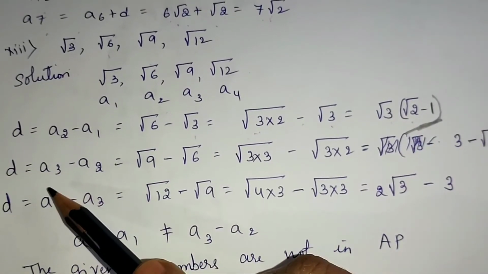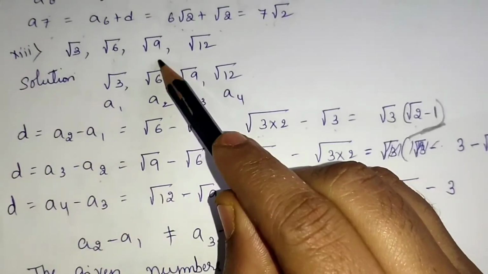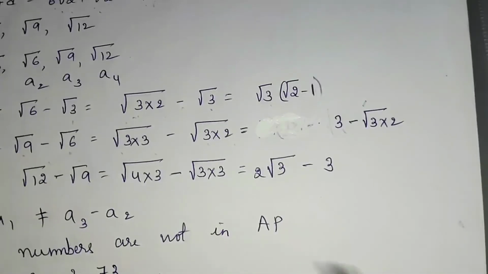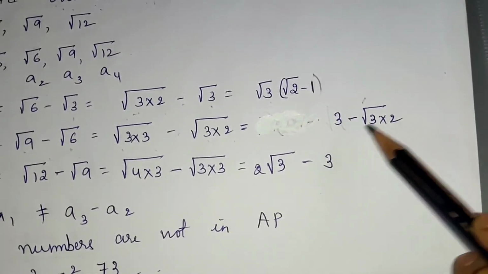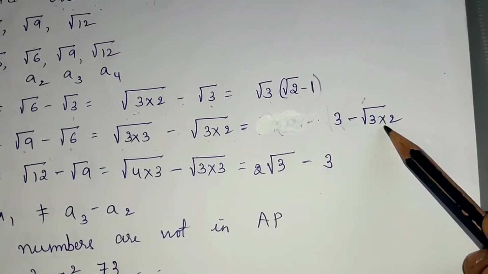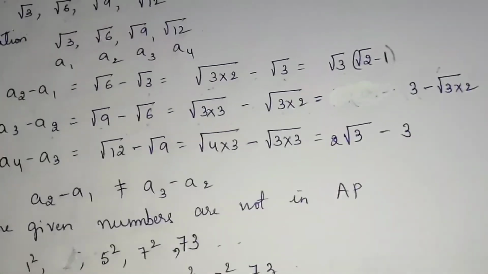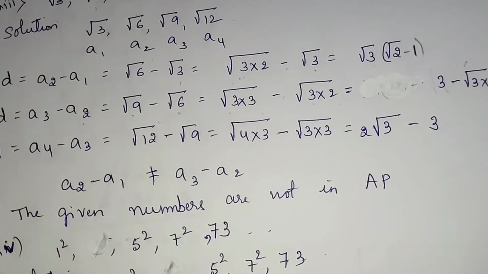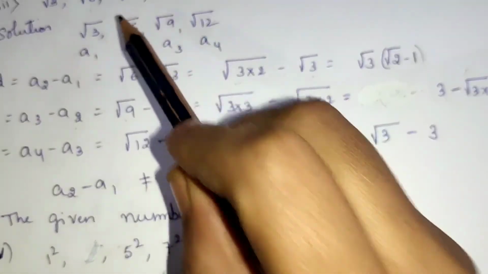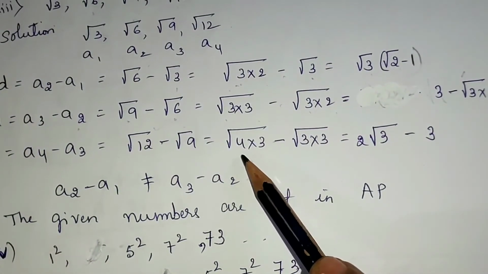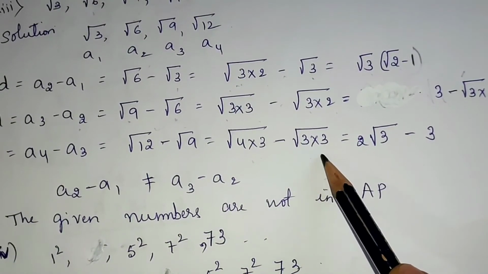Same way, find out the common difference of third term minus second term, that is root 9 minus root 6. Root 9 can be written as 3 minus root 3 into 2. Similarly, find the difference of fourth term minus third term. Fourth term was root 12 minus root 9. Here root 12 can be written as root 4 into 3 and root 9 can be written as 3.